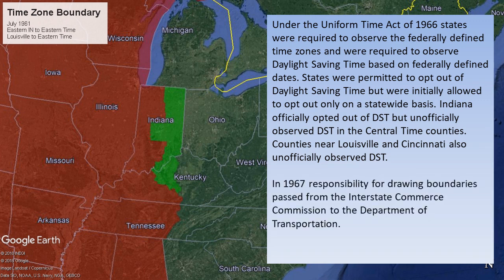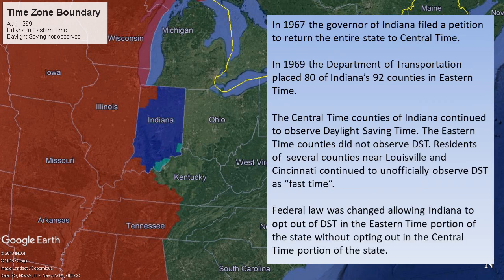In 1967 responsibility for drawing boundaries passed from the Interstate Commerce Commission to the Department of Transportation. In 1967 the governor of Indiana filed a petition to return the entire state to Central Time. In 1969 the Department of Transportation placed 80 of Indiana's 92 counties in Eastern Time.